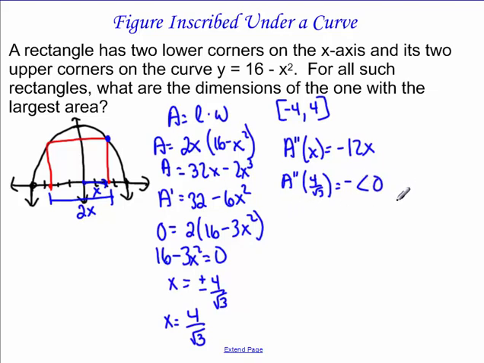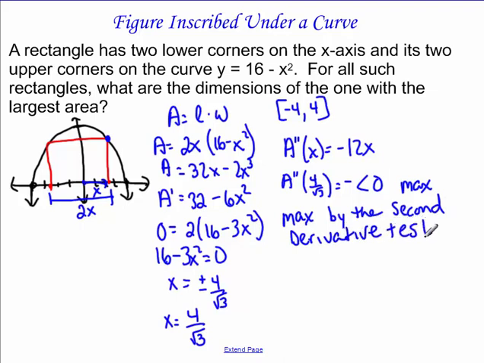So if your second derivative is negative, evaluated at the critical points of our first derivative, then we know we have a max. We have a max by the second derivative test.